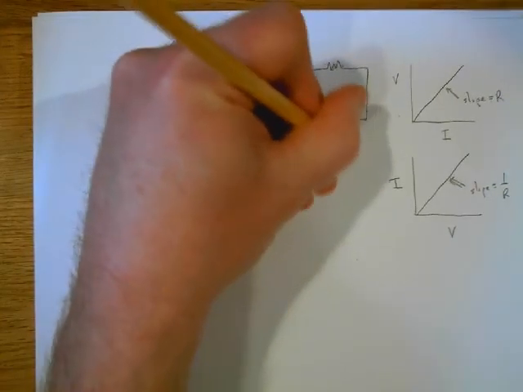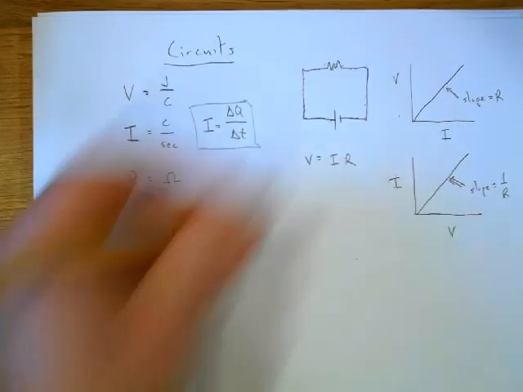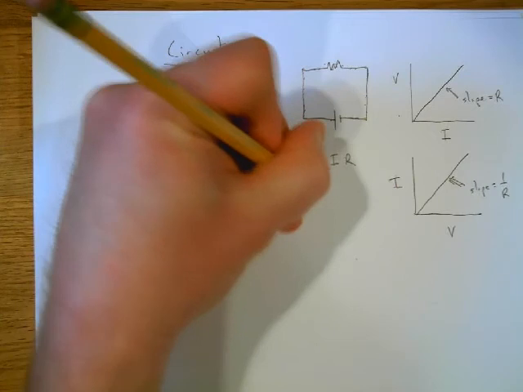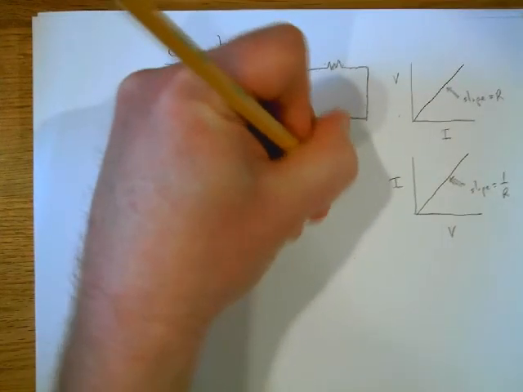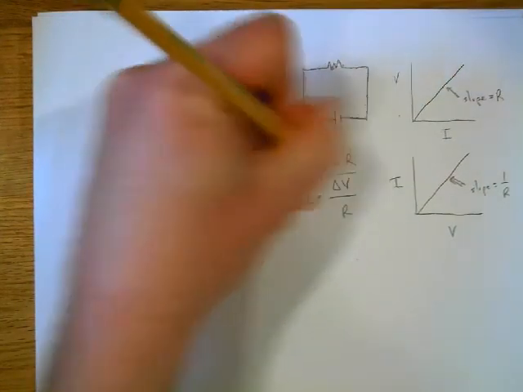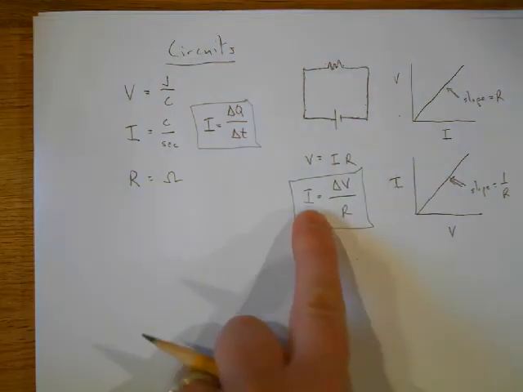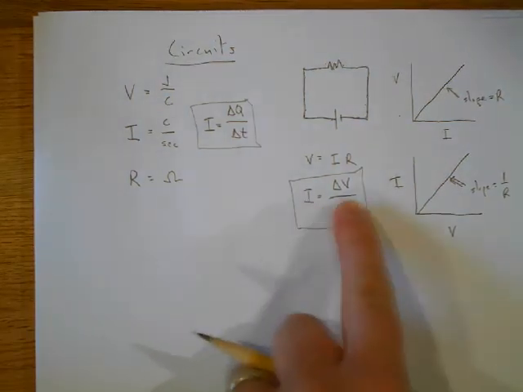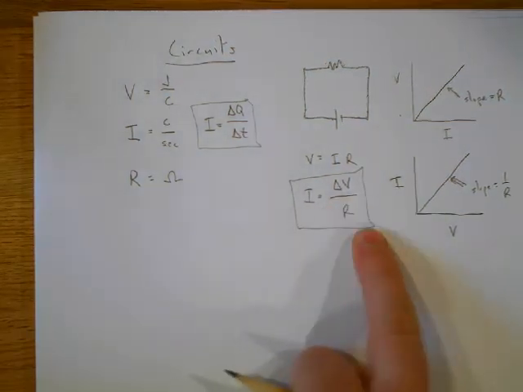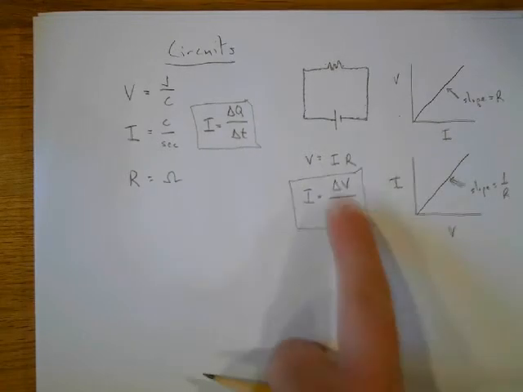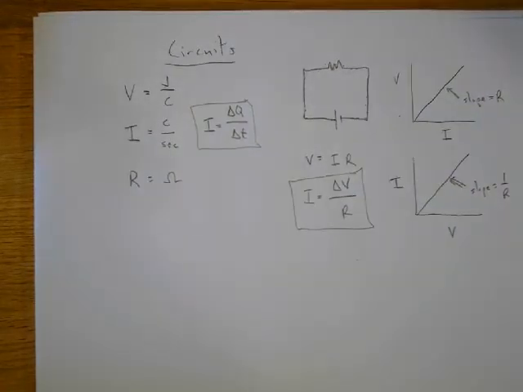So we have V equals IR because it's Ohm's law. But if you look on the equation sheet, it's actually written like this. The reason that it's written like this is they're telling you, hey, I depends on the potential difference and how much resistance you have. So that's what it depends on.